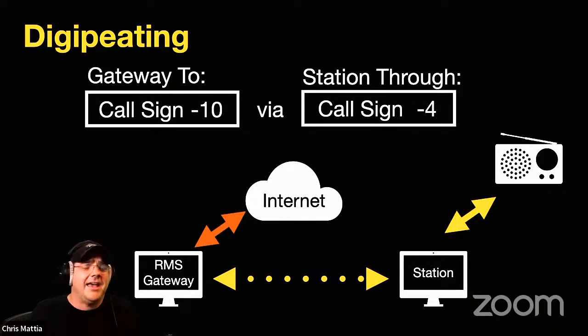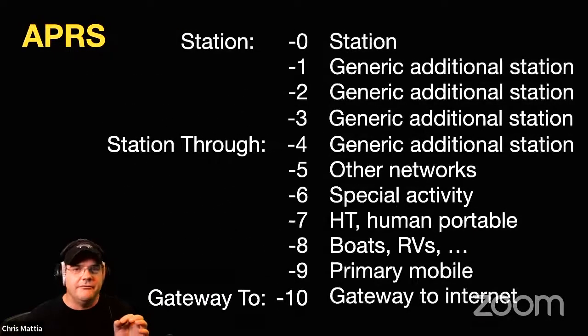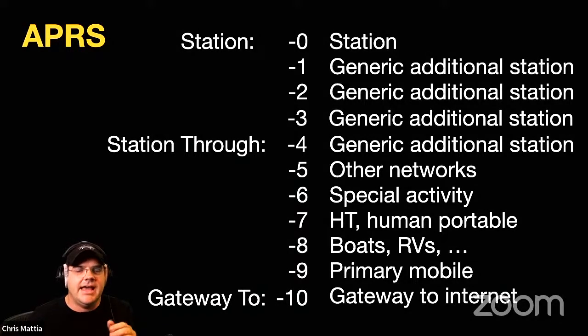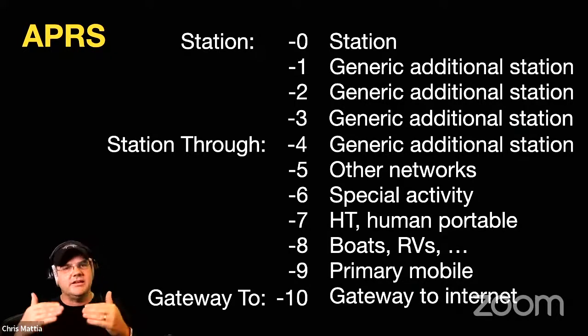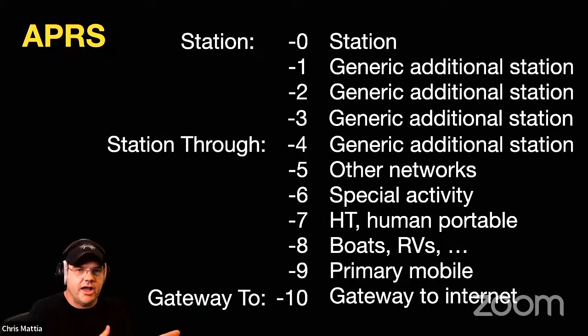Now, what the heck am I talking about, -10 and -4? Well, this really comes from the world of APRS. At the end of a call sign in APRS, there are all of these -1, -2 station designations that you can indicate over APRS what kind of station you are.